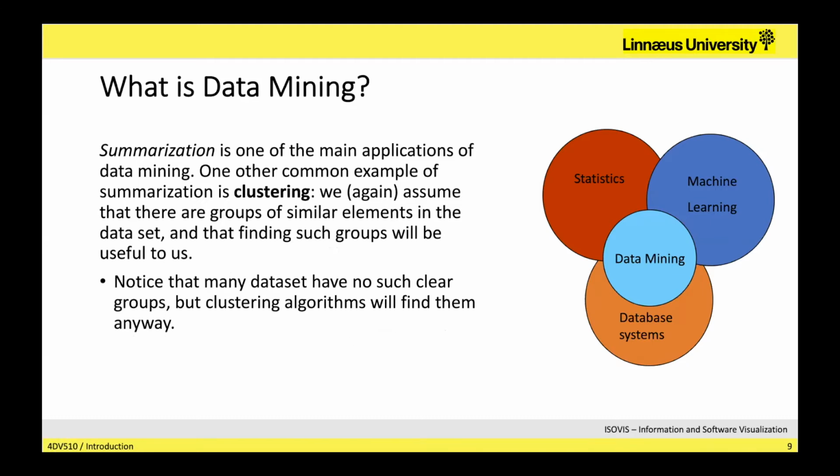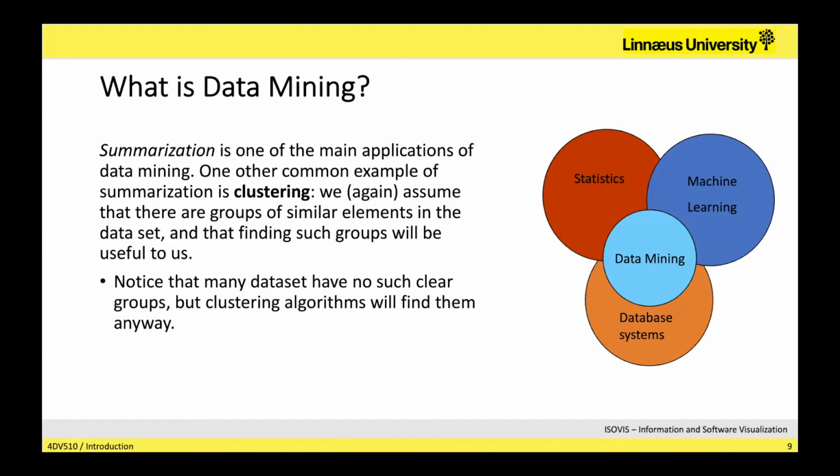Yeah, and summarization is one of the main applications of data mining. For example, one other common example is clustering, as we've been discussing so far. I like to use clustering as an example because it's a very clear and well-known application of data mining that most people probably have at least heard of. When we're doing clustering, we again assume something about the data, right?